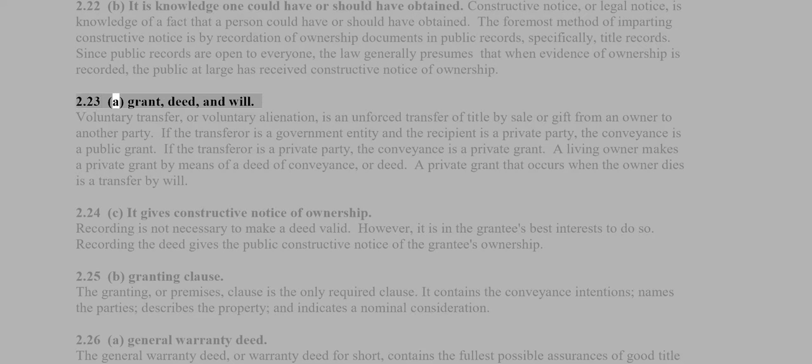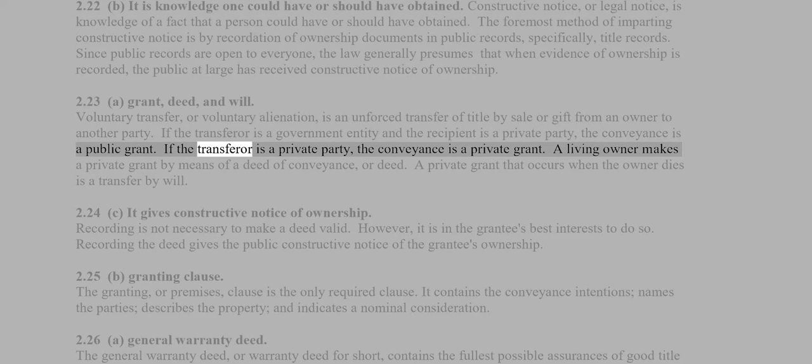2.23 a. Grant, deed, and will. Voluntary transfer, or voluntary alienation, is an unforced transfer of title by sale or gift from an owner to another party. If the transferor is a government entity and the recipient is a private party, the conveyance is a public grant.